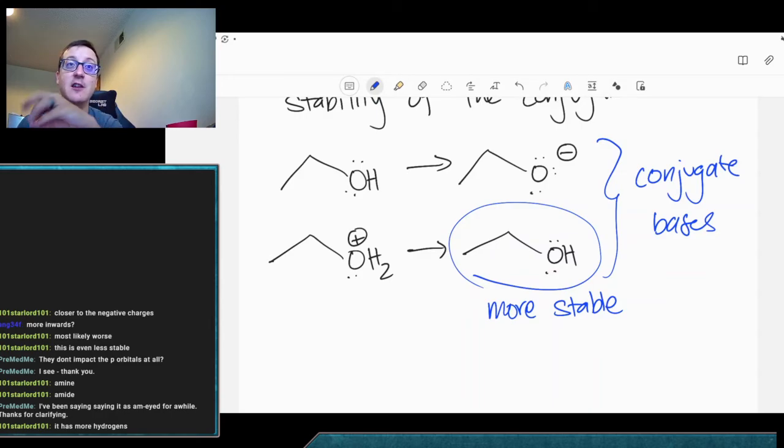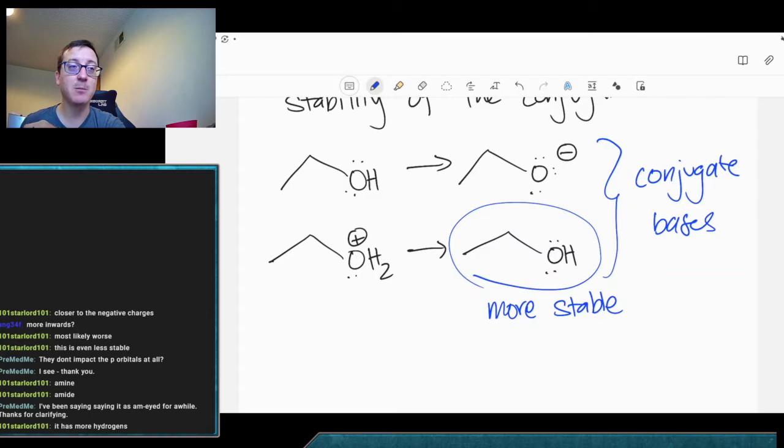In terms of these conjugate bases, the two molecules on the right, we see that our alkoxide, as we call it, the negatively charged one, has a formal charge. The one below it does not have a formal charge. And so as a result, the one below it's going to be more stable.